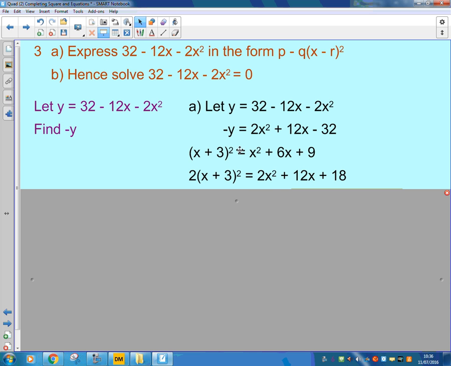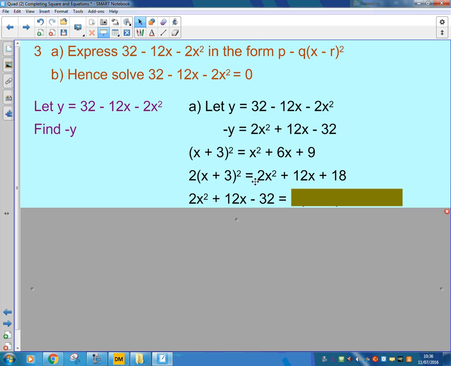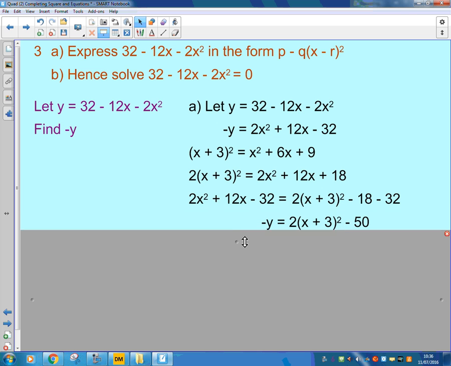So we can now rearrange it and say 2x squared plus 12x minus 32 is equal to 2 brackets x plus 3 all squared minus the 18 minus the 32. So you're going to take that 18 away. And that simplifies to 2 brackets x plus 3 all squared minus 50.